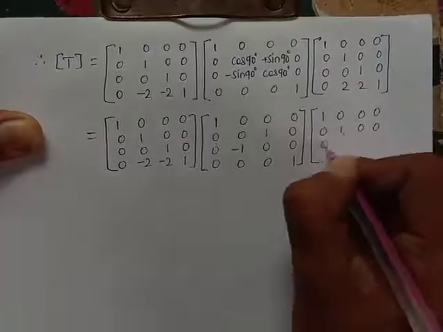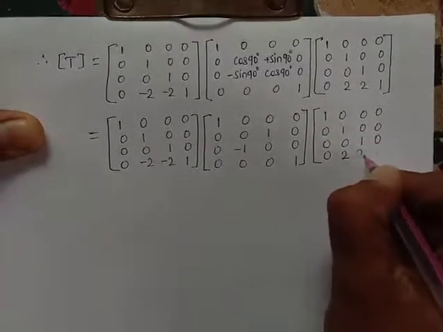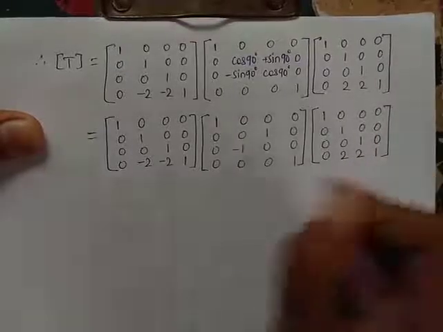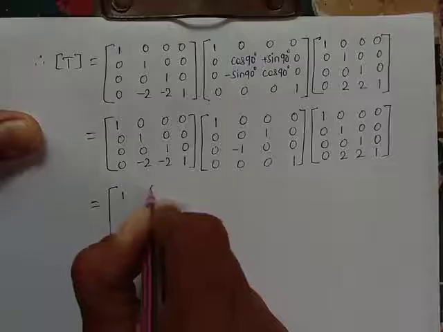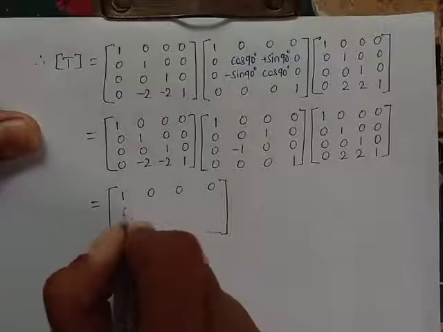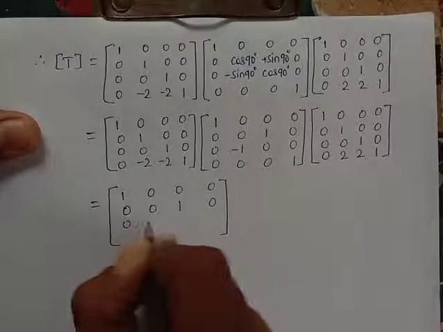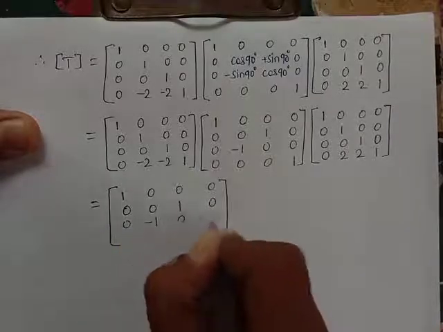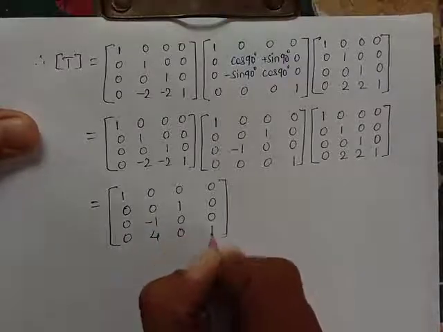And now we will take a multiplication of these matrices. So taking multiplication of them, we get the resulting matrix is 1 0 0 0. You can check it. 0 0 1 0, 0 minus 1 0 0, 0 4 0 1.